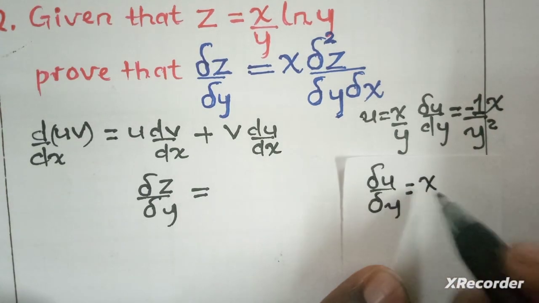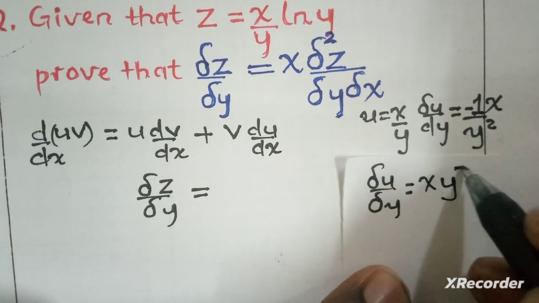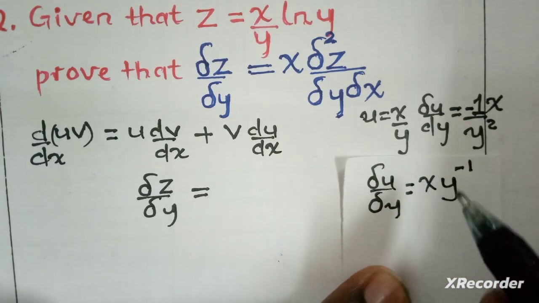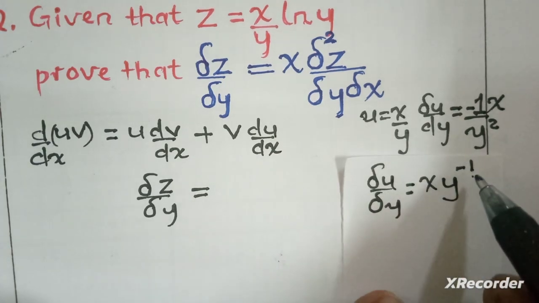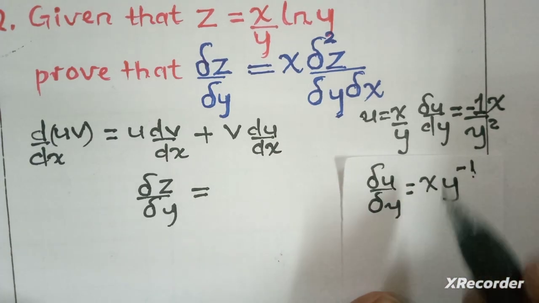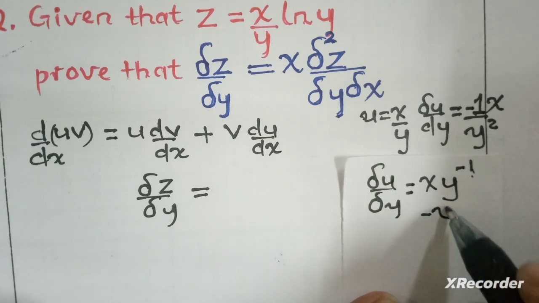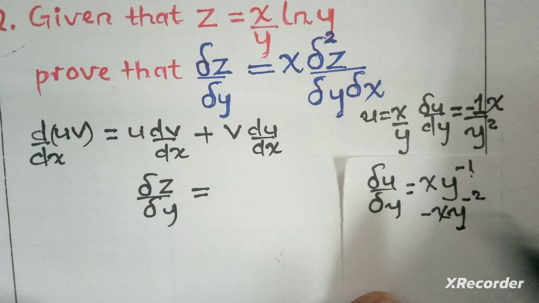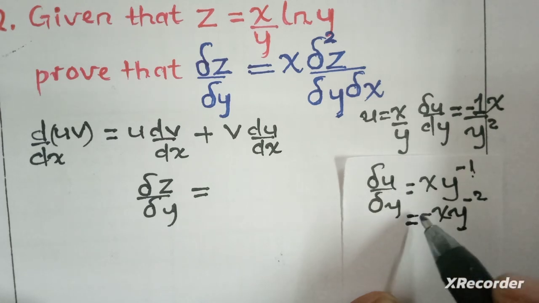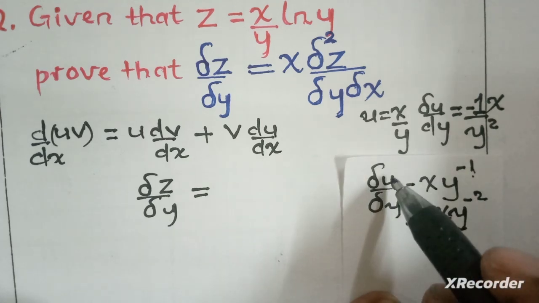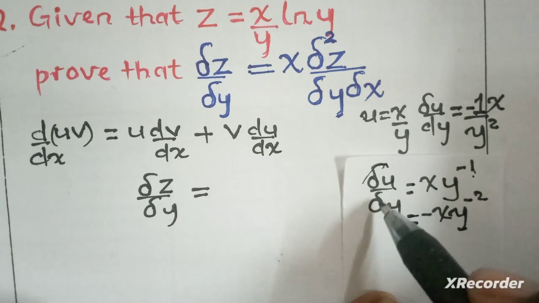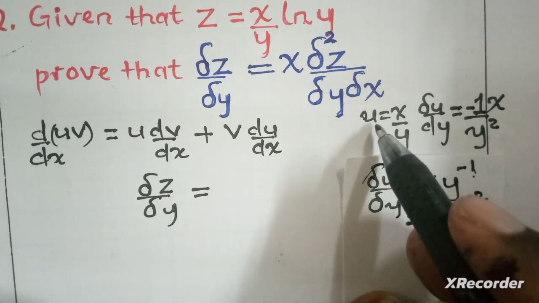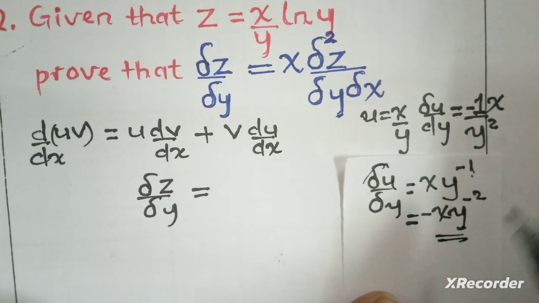I'll write x and then I put y there, negative 1. X is a constant. So I will now bring this negative 1 here, negative x, y, and then negative 2, like that. So that is my partial differentiation of this. This was supposed to be u, this one. So it comes to this.